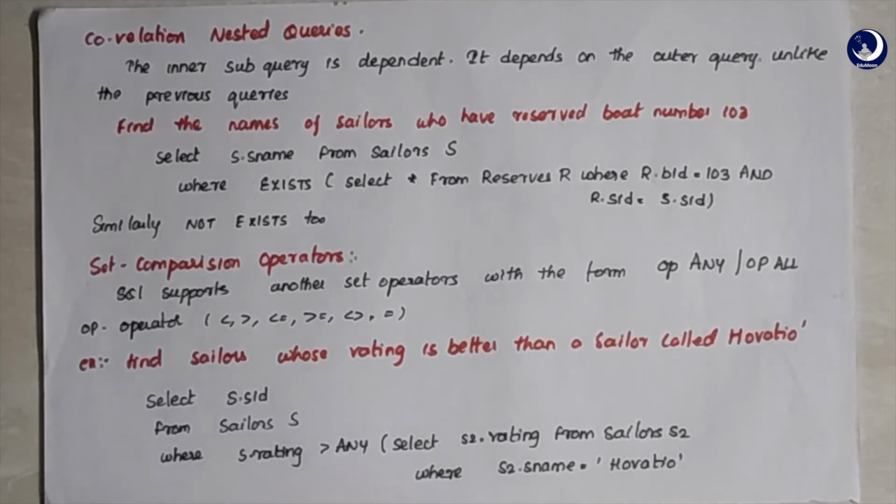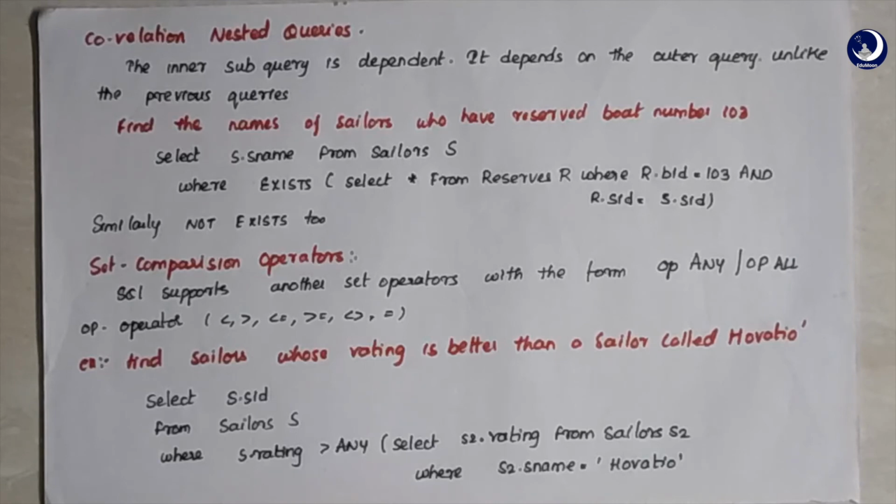Here the operator can be any relational or comparison operator like greater than, less than, greater than or equal to, less than or equal to, not equal to, or equal to. You make use of this ANY or ALL whenever you want to get the highest values, lowest values, greater than somebody else, less than somebody else.